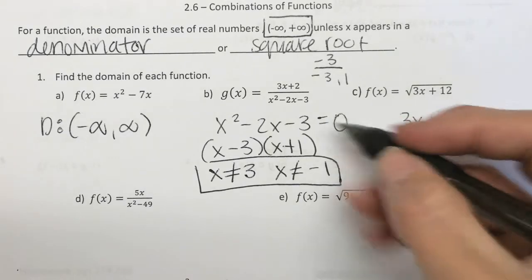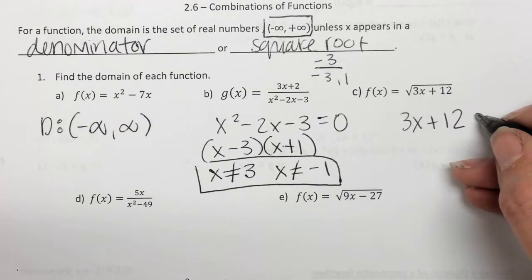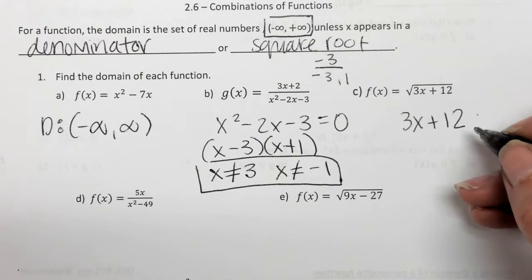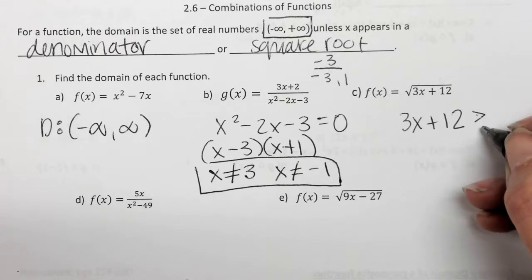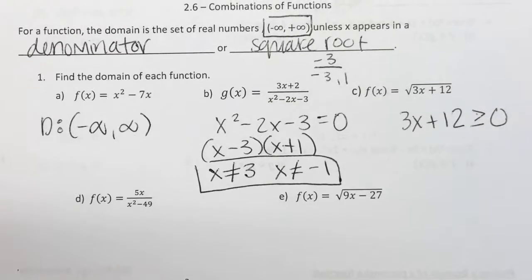We wouldn't set it equal to 0 like last time. Close. This has to be what? Greater than, or it can be equal to 0. It just can't be less than. Can't be negative. Does that make sense? So what's underneath the radical can be 0, but nothing less than it.